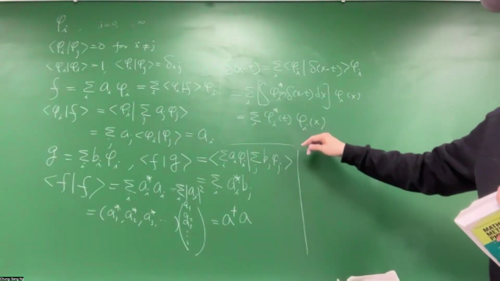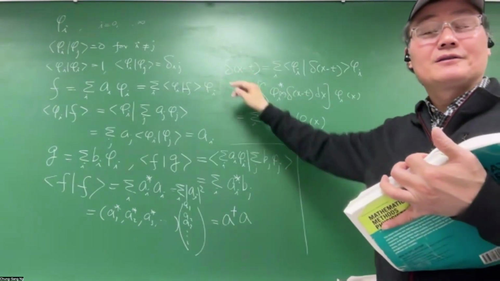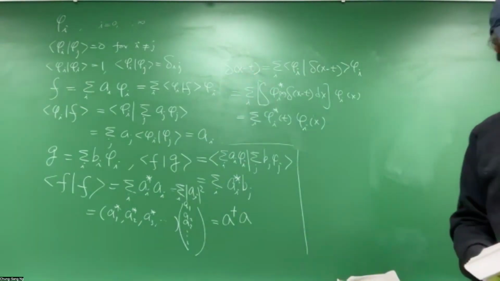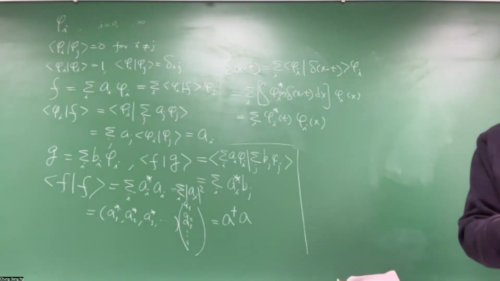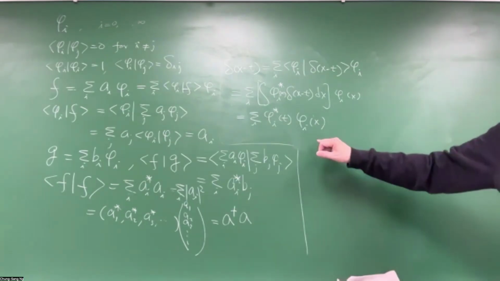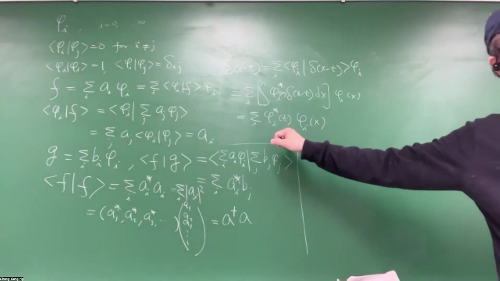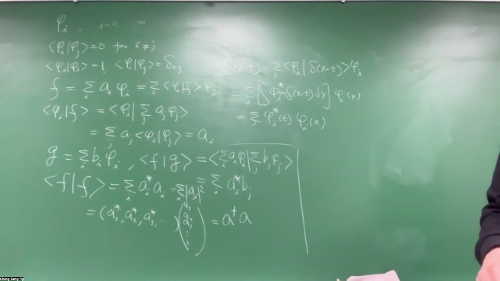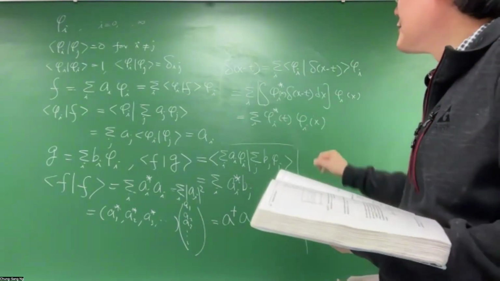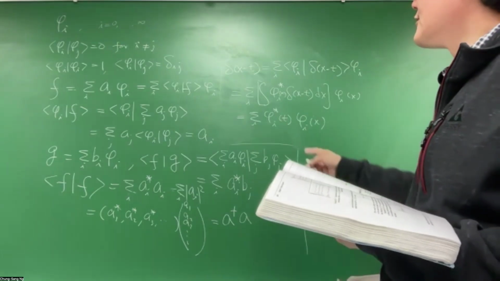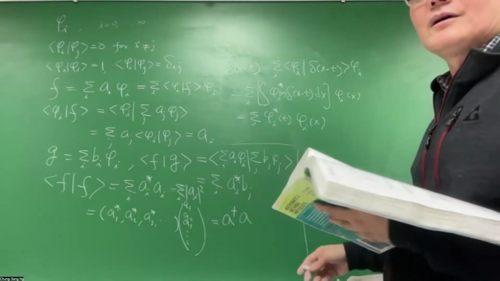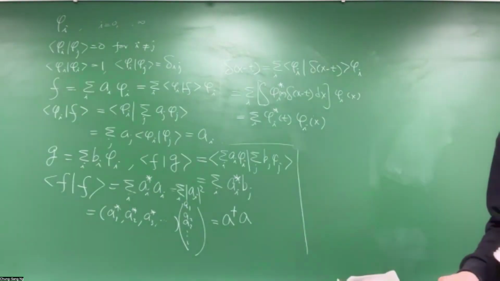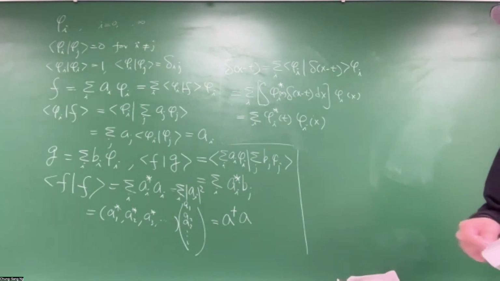If they form a complete set, they need to satisfy this condition. And again, we've seen that we use the Fourier series to do this completeness condition. All right, so all this notation, the property of these spaces, is like that.